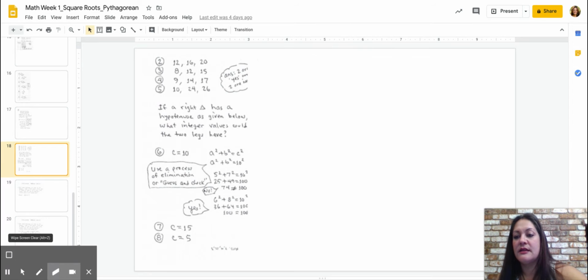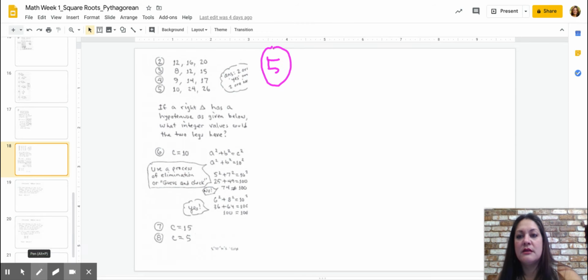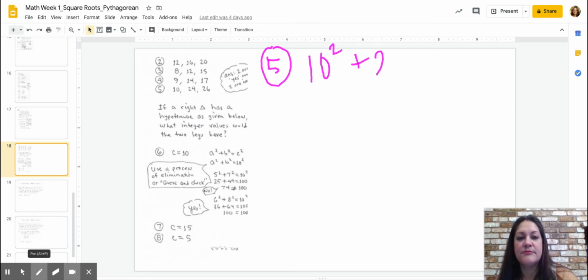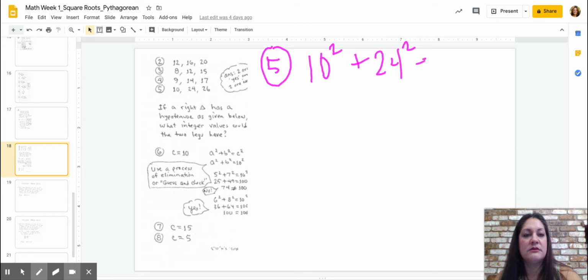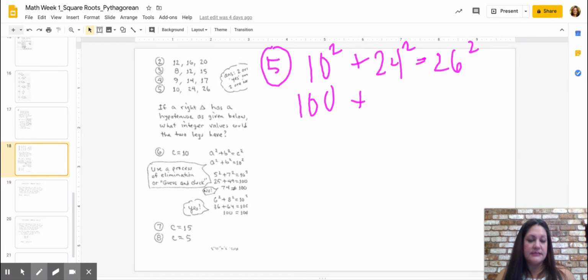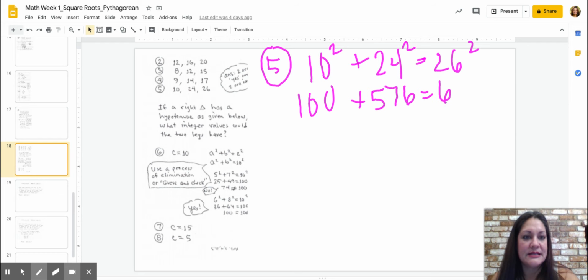All right. Number 5. A squared plus b squared equals c squared. 10 squared is 100 plus 24 squared, 576. And 26 times 26, 676.